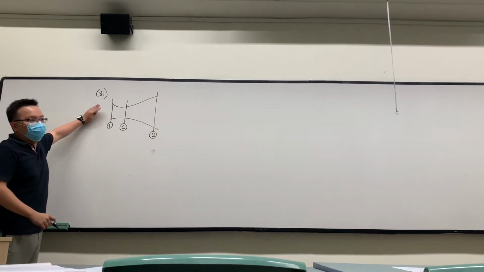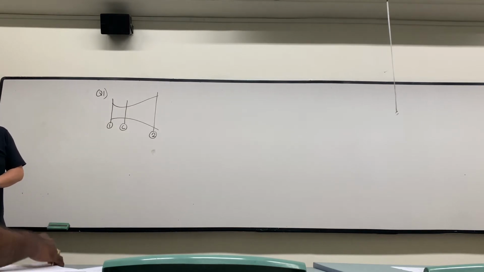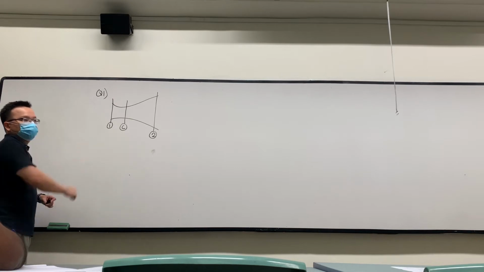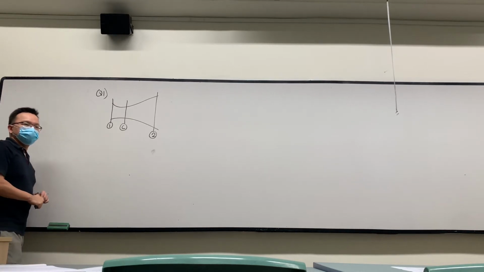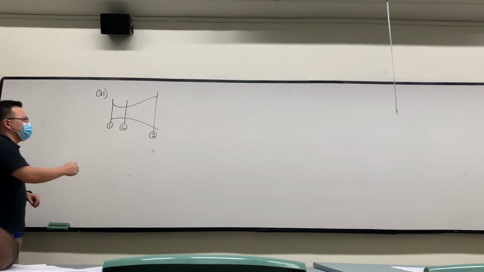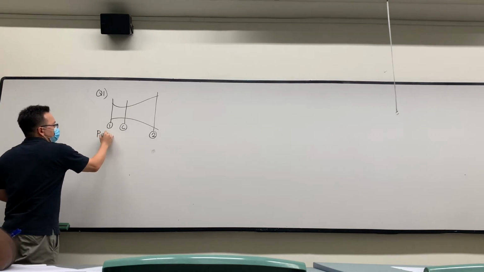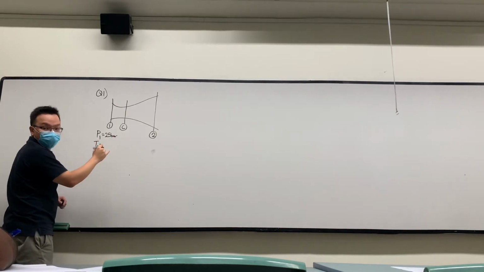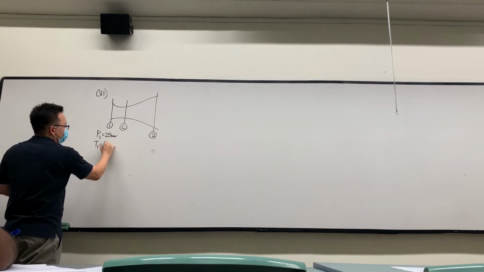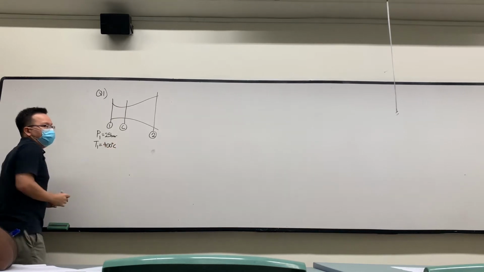This is basically your nozzle. At point 1, what do you know? Pressure how much? Good, 25 bar. Then what is the temperature? 400.